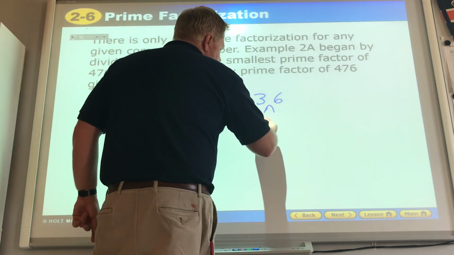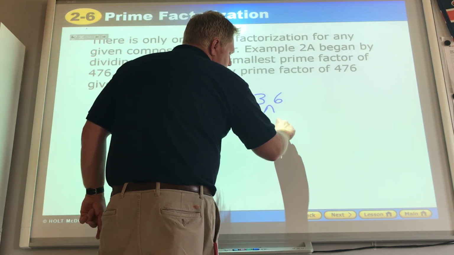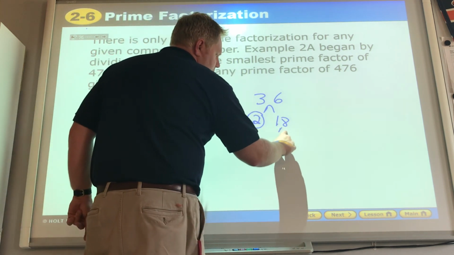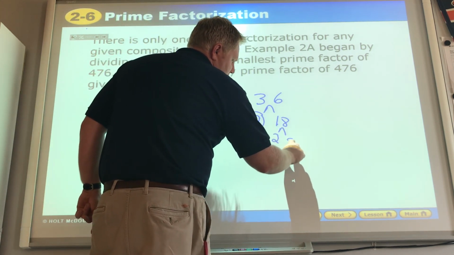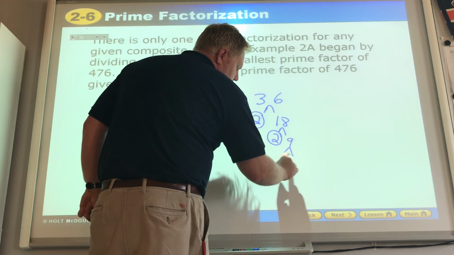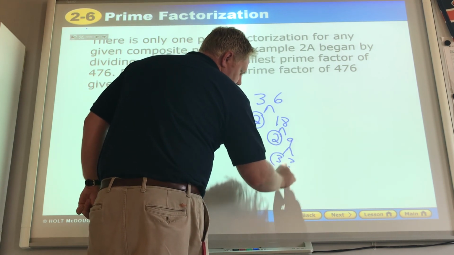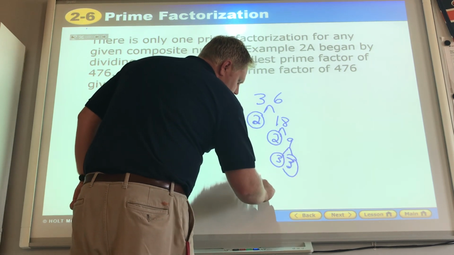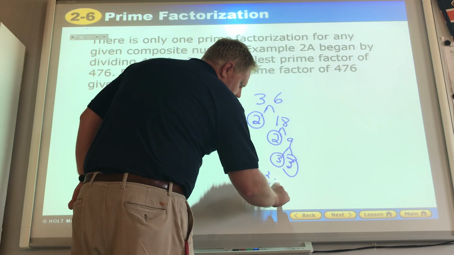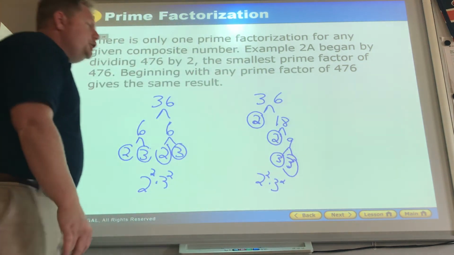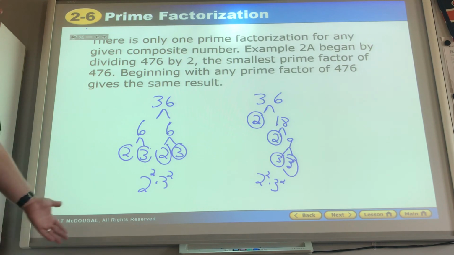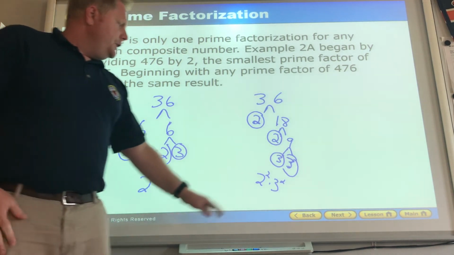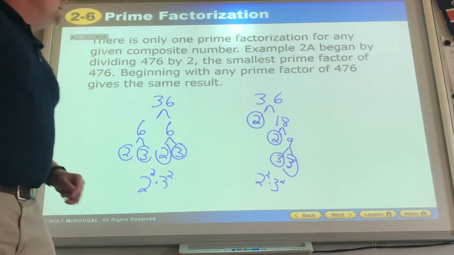Or I could do 2 times 18, prime number, 2 times 9, prime number, 3 times 3, golly, 2 squared times 3 squared. You could also start with 4 and 9 and get there, but every time you do it, you get 2 squared times 3 squared, and you get your answer.